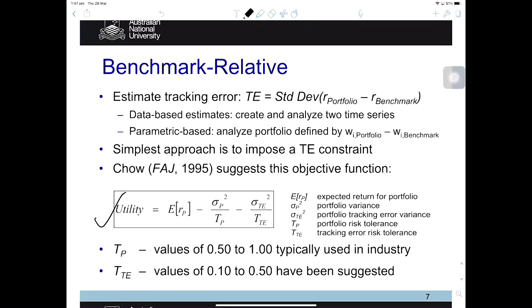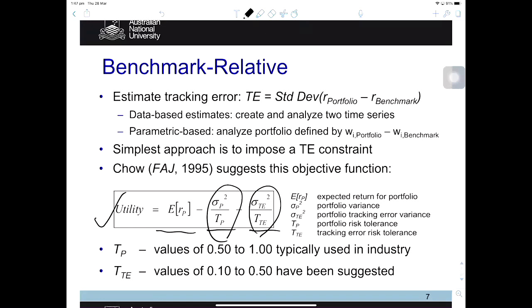They want to maximize the utility of the investor, and they have characterized the utility of the investor by 3 items. The first one is the expected return from the portfolio. That's the financial assets. The second item is the variance of the portfolio and also the portfolio risk tolerance.